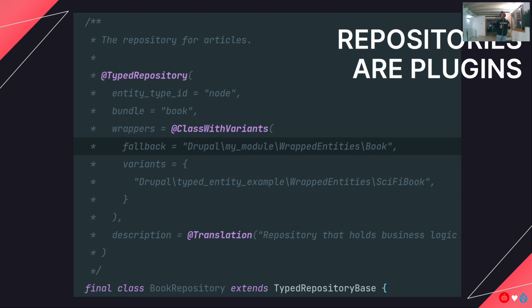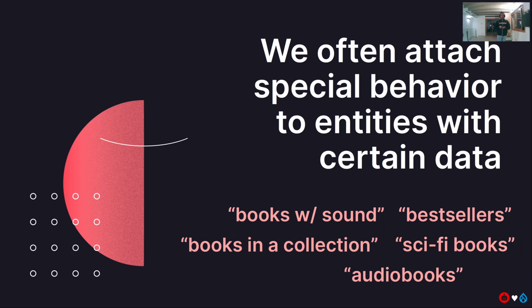Then you can start implementing the business logic specific for the repository. We said find by tags and the book operations, etc. But as you saw earlier, we often attach special behavior or business logic to entities with certain data, or that are special in a way or another that you don't have a way to encode statically.